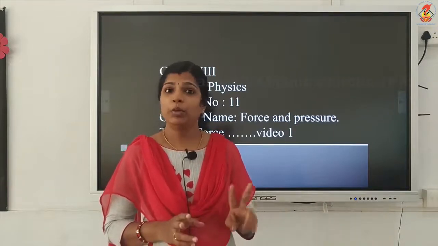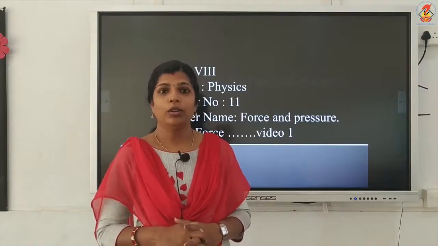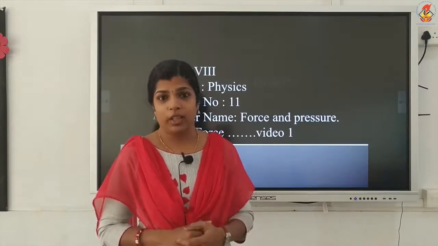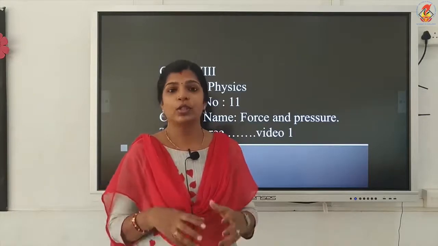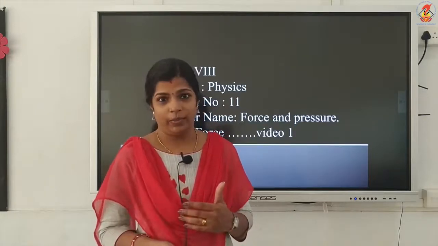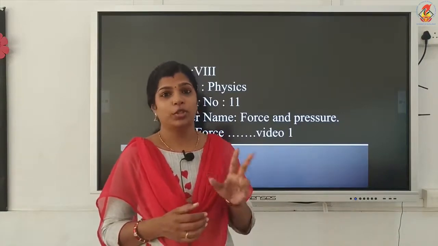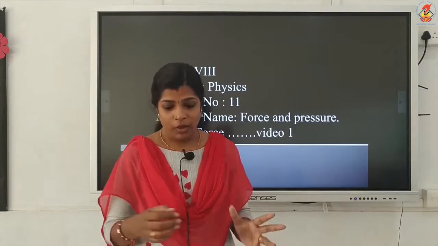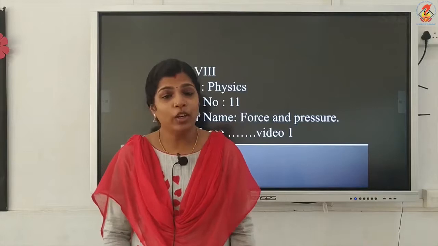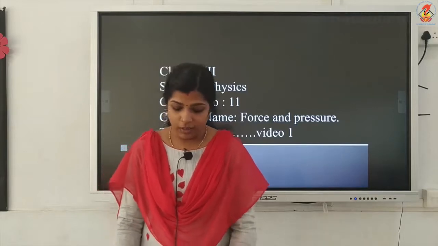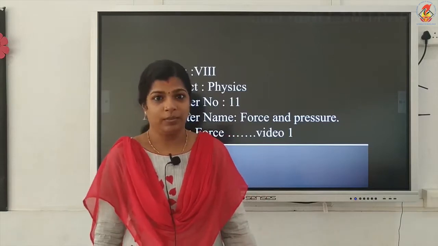Now, minimum 2 objects should be there for the interaction of force, or for force to come into play. Or we can say it in another way: the interaction of one object with another results in a force between them.